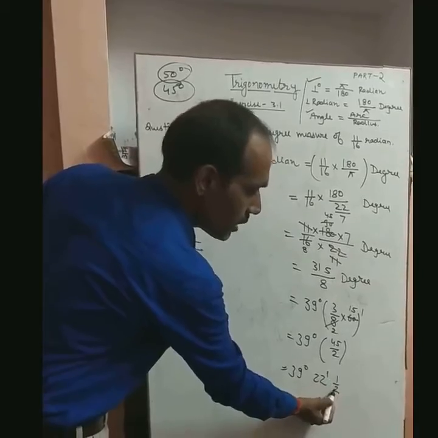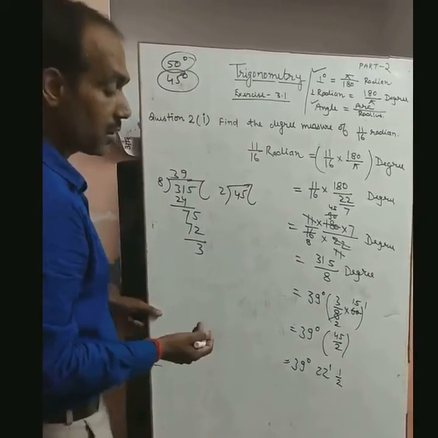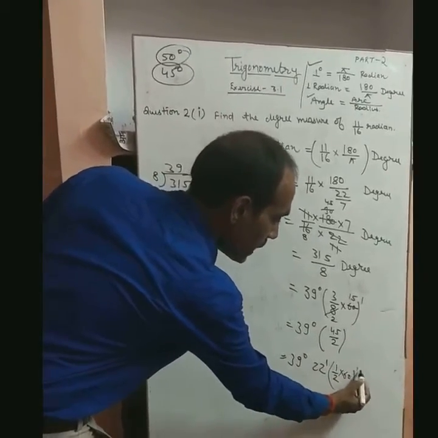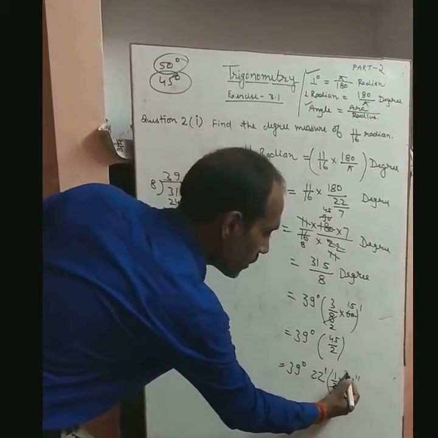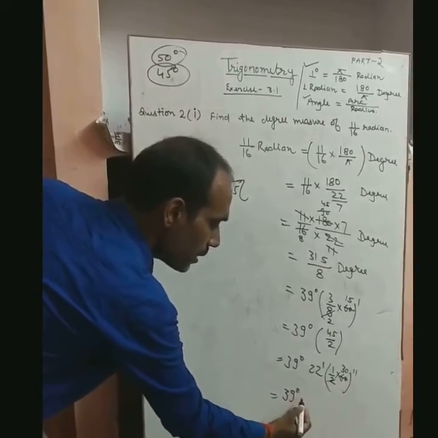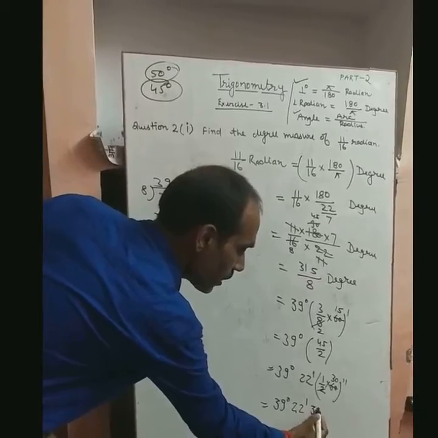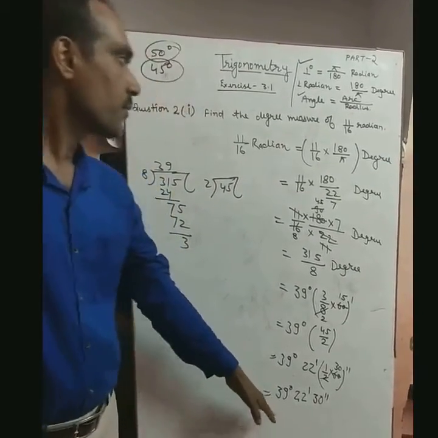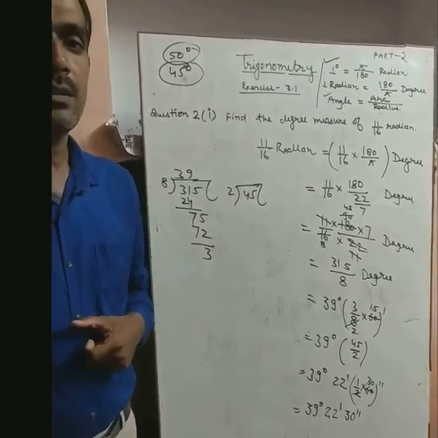Here the half is also a minute, so again we convert it into seconds. We multiply by 60, then it converts into seconds. Now divide it, then this becomes 30. Then 39 degree, 22 minute and 30 second. This is your answer. Okay? Understand?